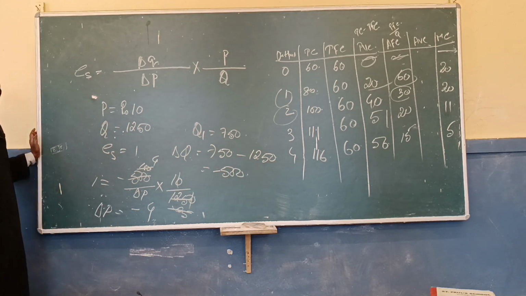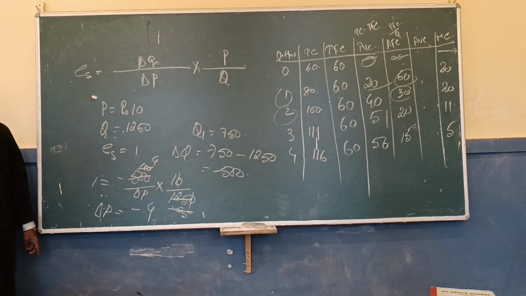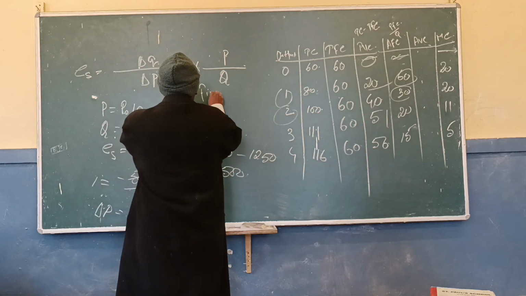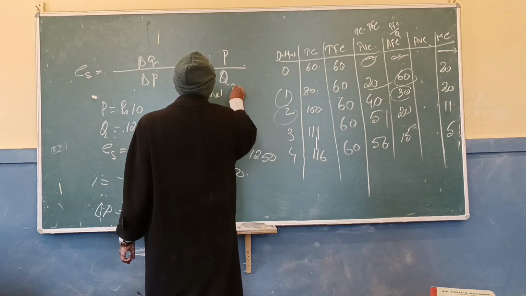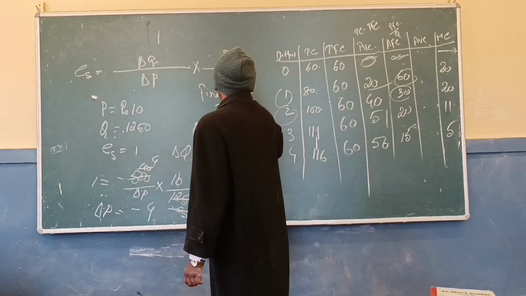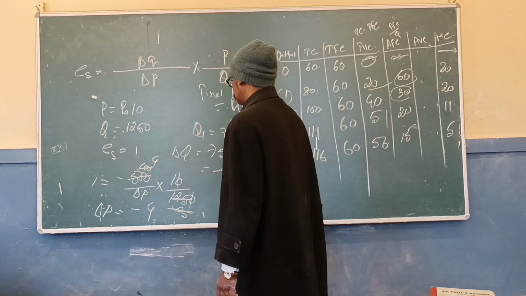But has the question asked this? The question has not asked delta P. The question has asked the final price. So the final price is equal to rupees 10 minus 4, that is equal to rupees 6.